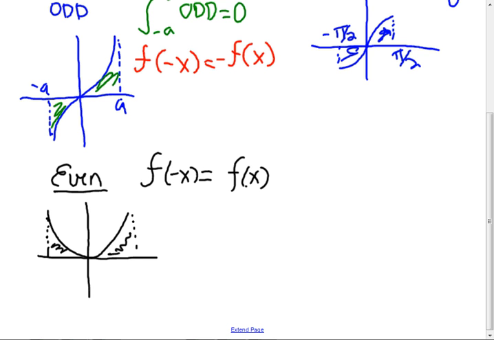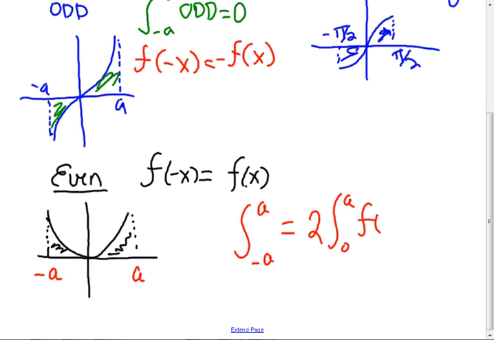So what if I try to add those areas up from minus a to a? I'm not going to get 0, I wish. I'm going to get 2 times my integral from 0 to a of f of x dx. Let's start using it right now.